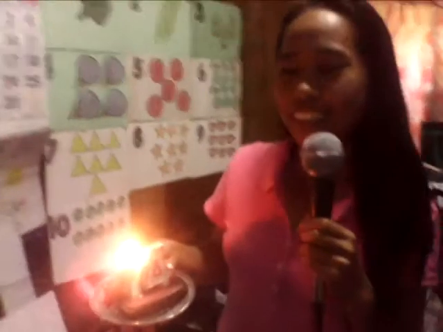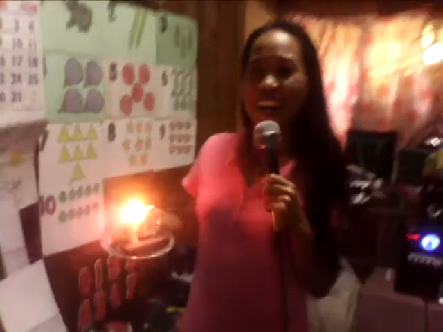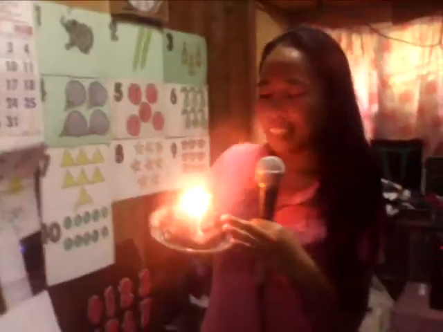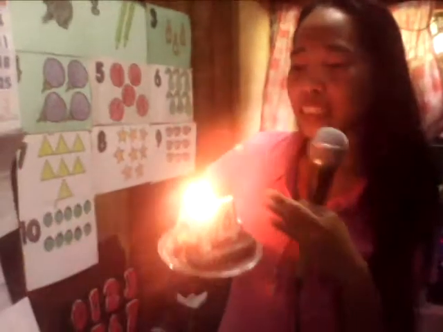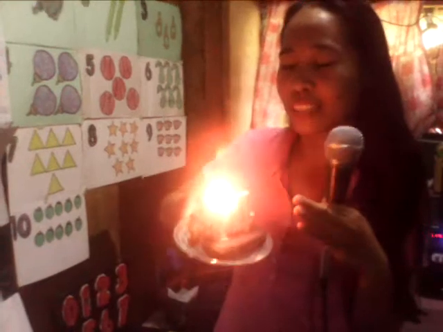It is called the number candles because it is easy to use. In this activity, let the children sing happy birthday to you. Then the children know how old the celebrant is. Then let the children blow the candle like this one.